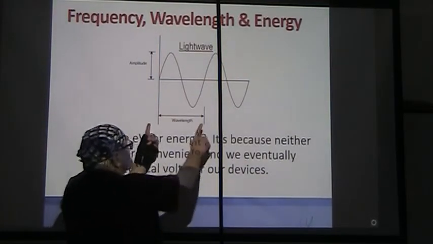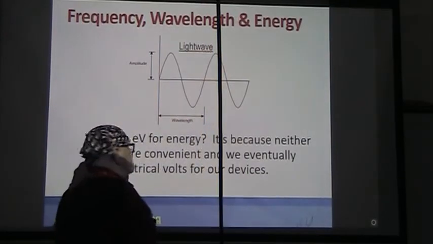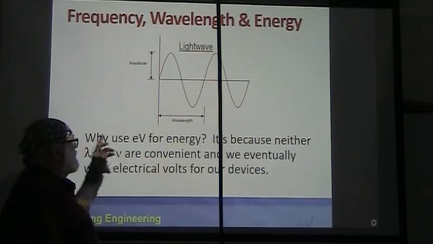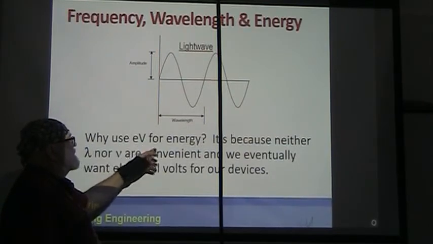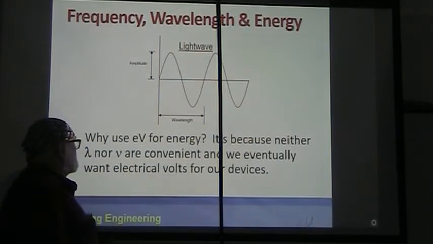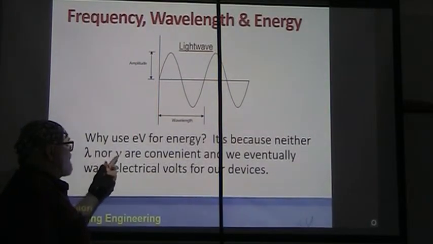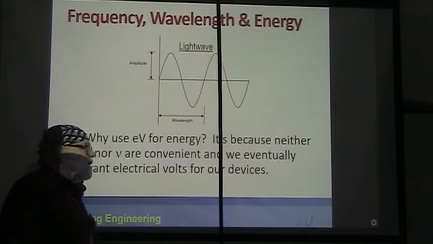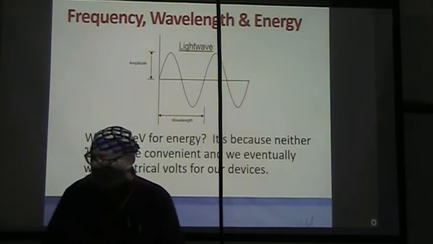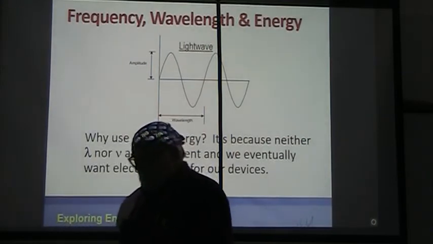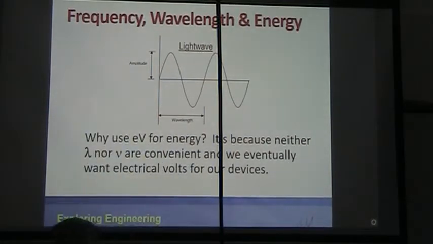All right, so that is our wavelength. When we use electron volts for our energy, neither gamma nor nu are very convenient. And eventually we want to get to voltage when we're talking about electrical devices.